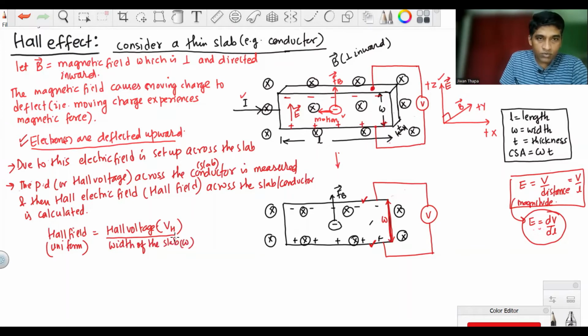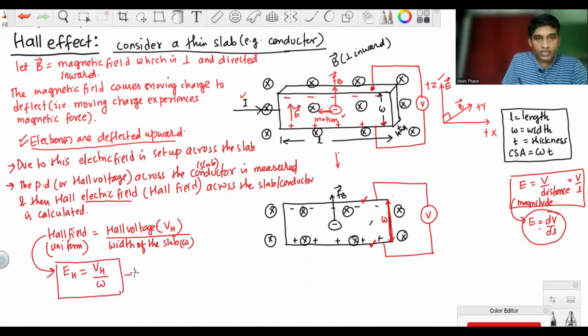So the Hall field is EH equals VH by W. Let us call it equation 1.